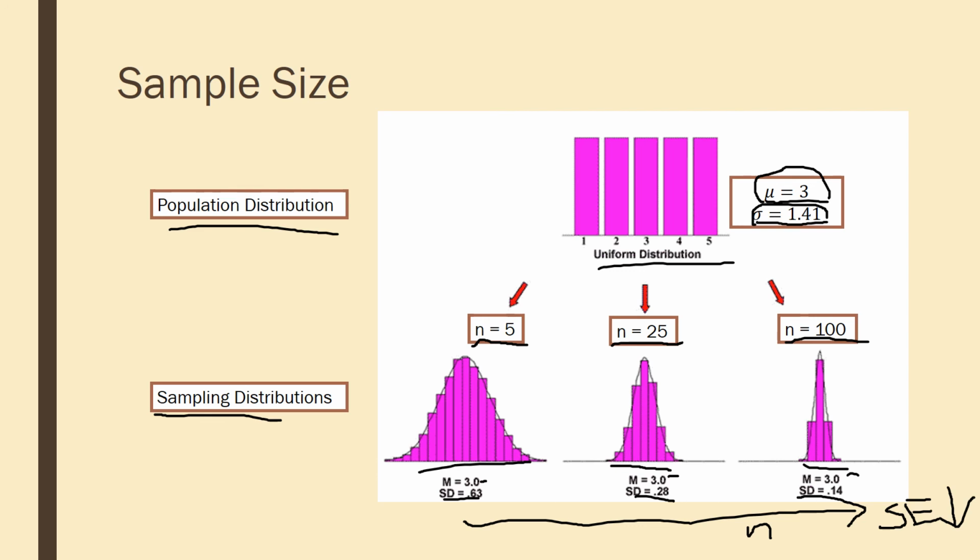When we have just an n of 5, sometimes we're going to get a sample mean that's just out there because it's only based on 5 people, and so sometimes you're going to get sample means that aren't very accurate of the population mean, and then sometimes you are just by chance. But the more people you have, the higher the sample size, the more likely the sample mean is going to be accurate. So we're going to have a smaller and smaller standard error, and the sample means are going to be closer and closer to each other.